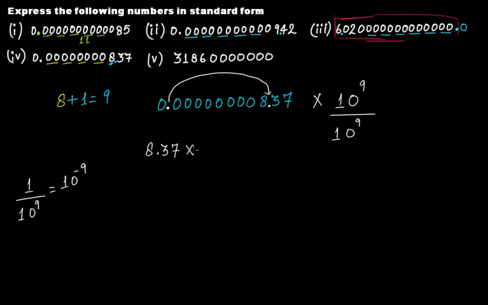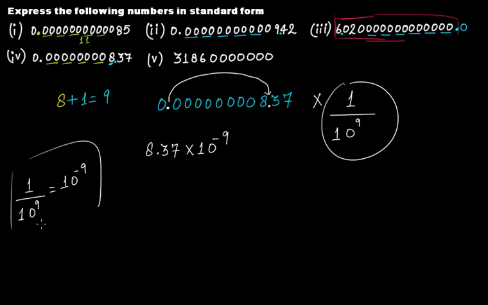That's why we multiply by 10 raised to the power of minus 9, because this will get consumed in this process of moving the decimal point. You will have 1 here, so this 1 divided by 10 raised to the power of 9 is actually this number, and that's why you write it in this way, right?